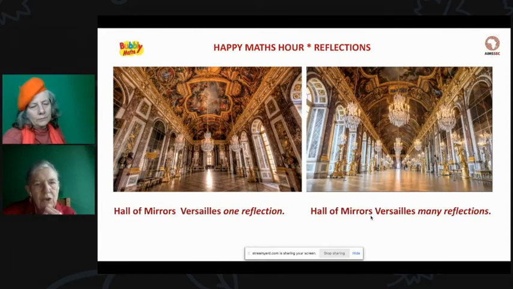This picture shows a group of people in the far distance at the other end of the hall. And the person taking the photo is in the real group, taking the photo, and right at the other end, there's a reflection of the group, far away along the hall.